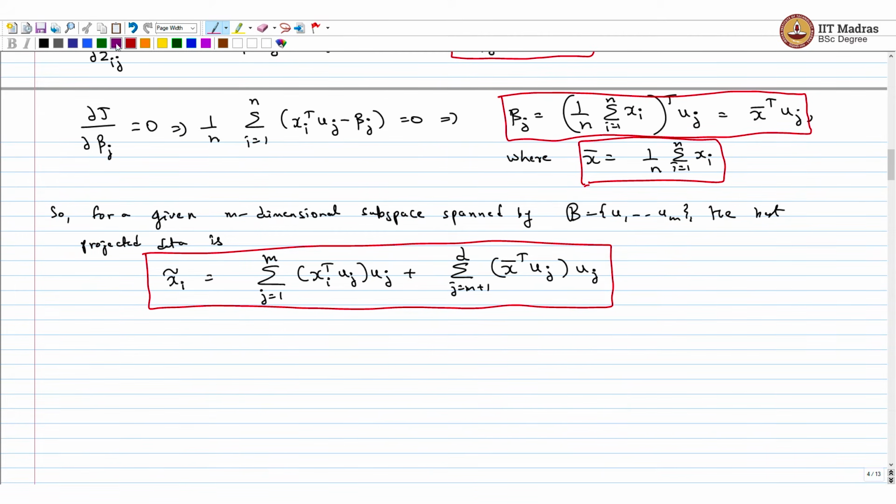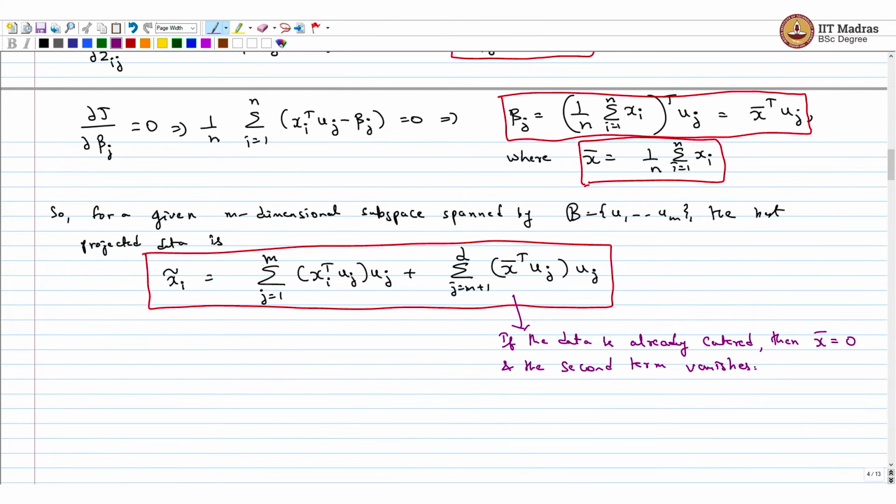Just a minor note: if the data is already centered, then x bar equals 0 and the second term vanishes.